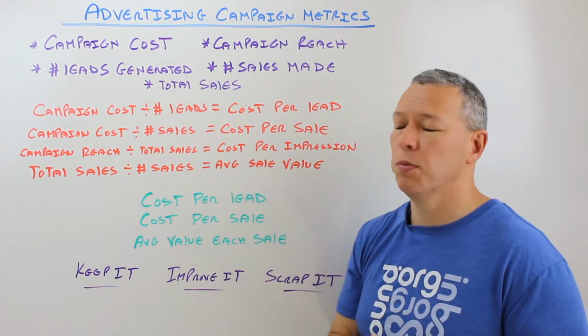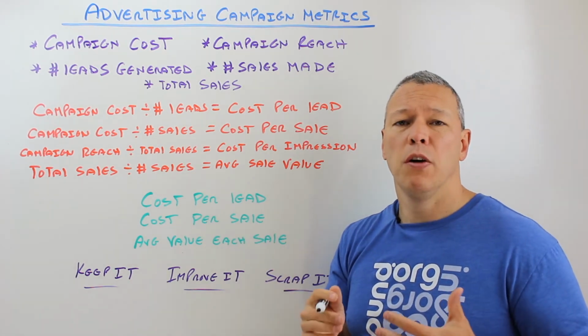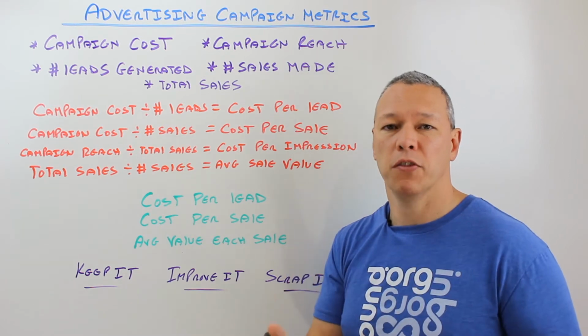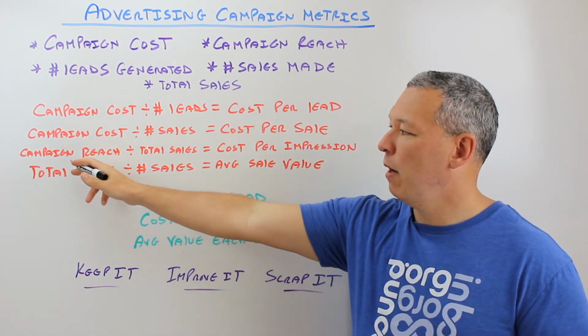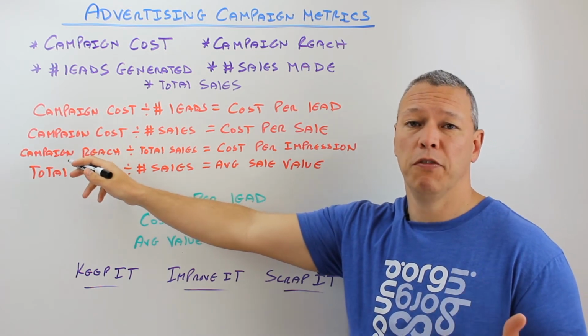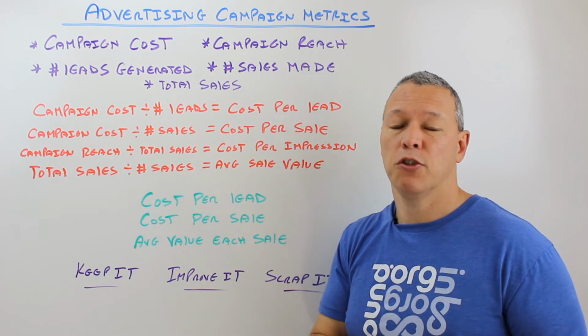Next one we want to know is cost per impression. Not as important, but it's still really good to know, because you want to know how much it's costing you to get your ad in front of somebody, okay? And with that, we're going to look at your campaign reach. Same thing, like I said before, if it's online advertising, it's an easy number to get. You'll track your reach.